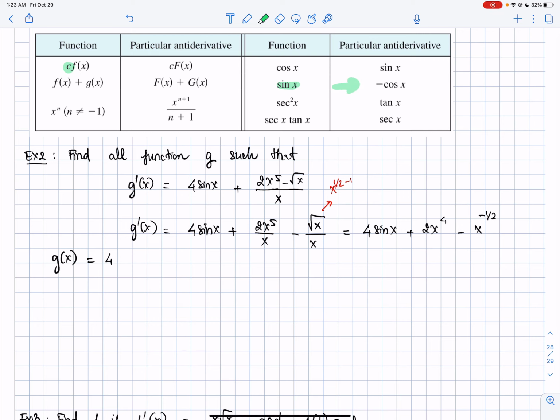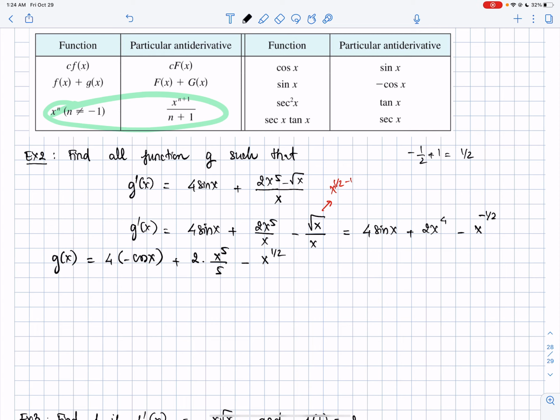So negative cosine of x plus, we keep the constant 2, and then for x to the 4 we apply this formula. We get x to the 4 plus 1, which is 5, divided by 5. Minus, doing the same thing, negative 1/2 plus 1 gives us 1/2, and then we divide by 1/2.